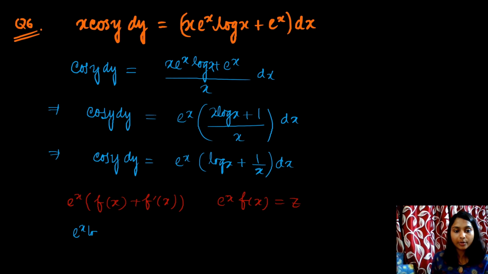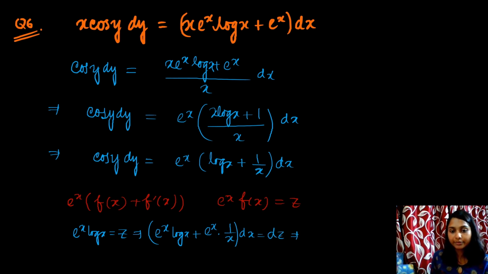So if we substitute e power x log x by z, we will get the derivative of e power x is e power x and log x will be the same. And after that, we can keep e power x and take the derivative of log x, and there is dx. So therefore, we have e power x, log x plus 1 by x, this equals dz.